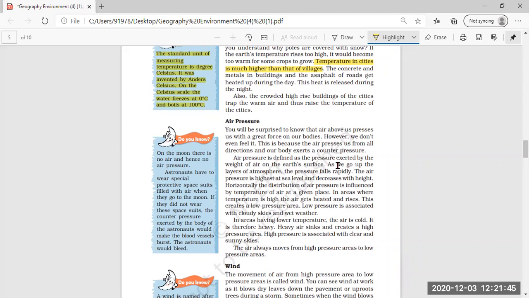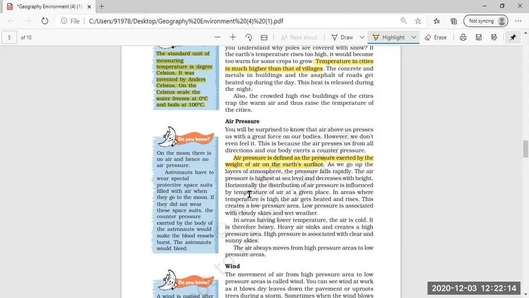Air pressure is defined as the pressure exerted by the weight of the air on the earth's surface. Underline this. Whatever pressure is exerted by the weight of the air on the earth's surface is defined as air pressure.